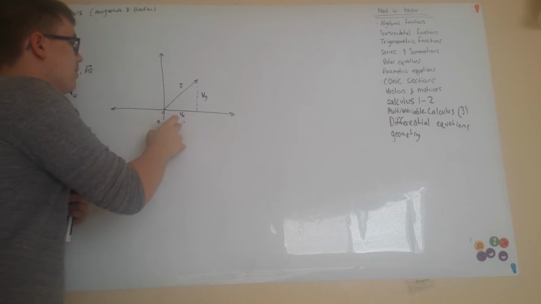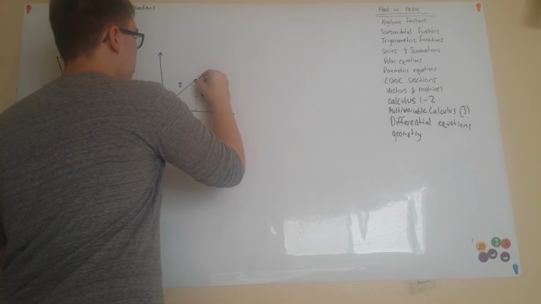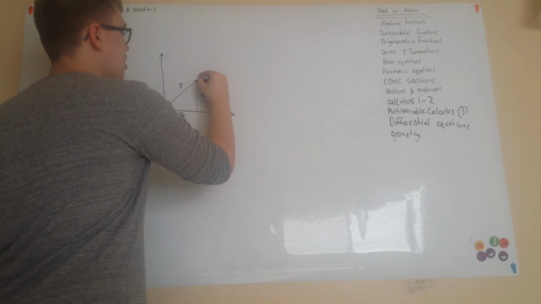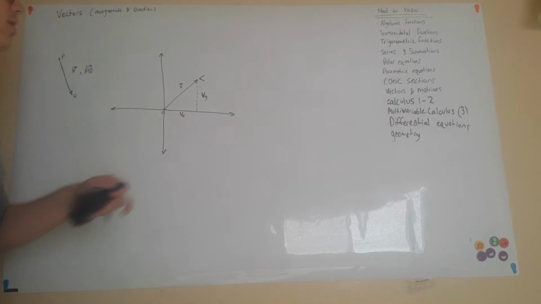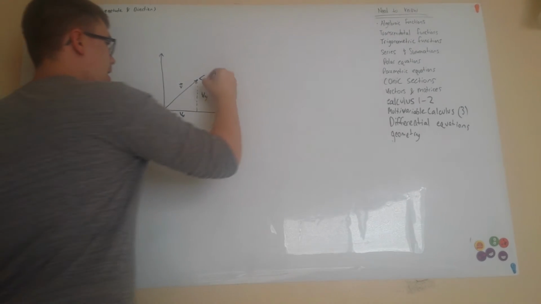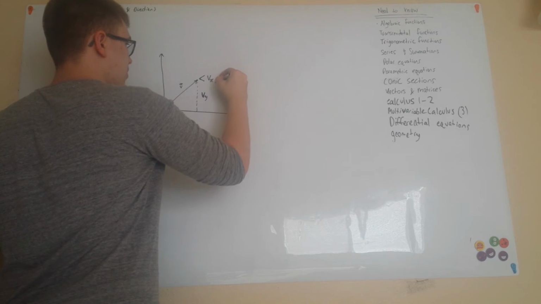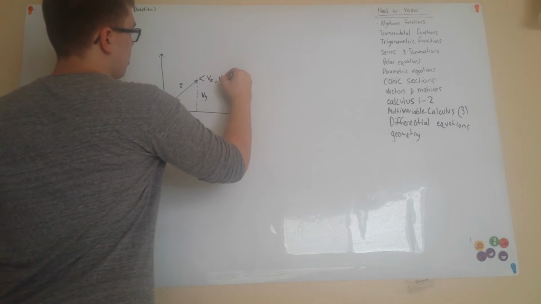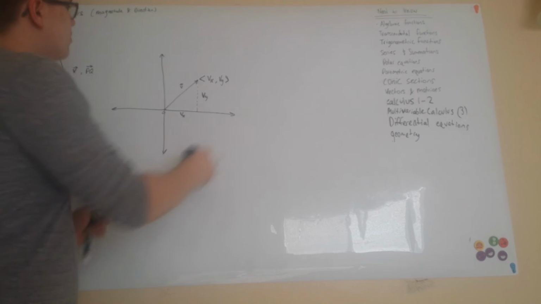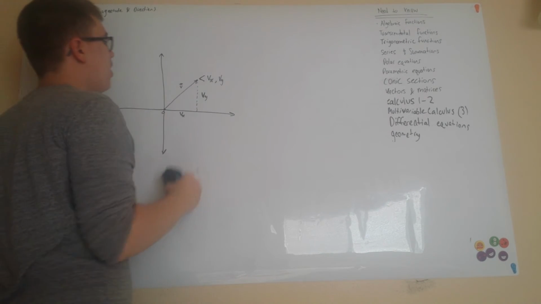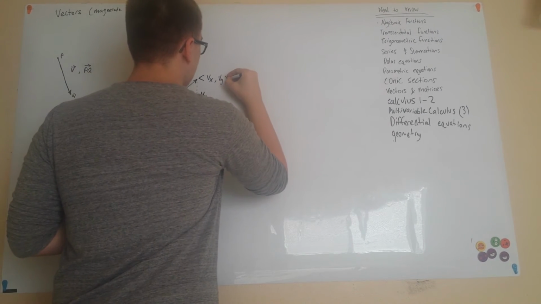We can describe this vector numerically by putting these symbols right here, and v sub x comma v sub y, like that. They look like inequality symbols.